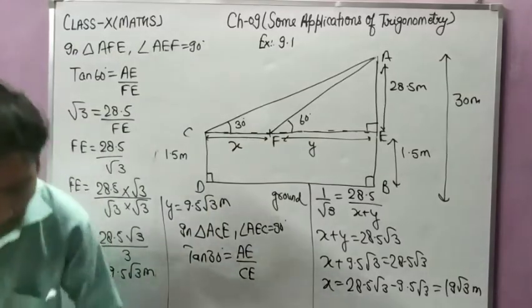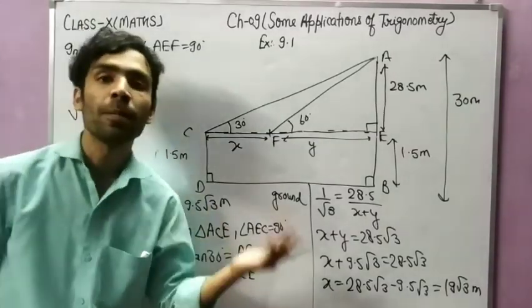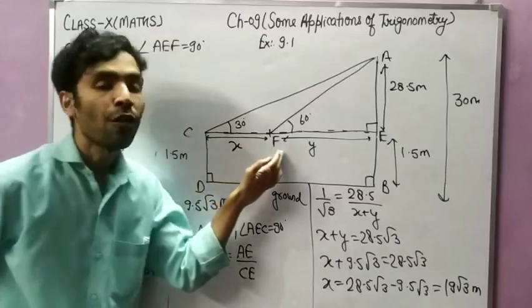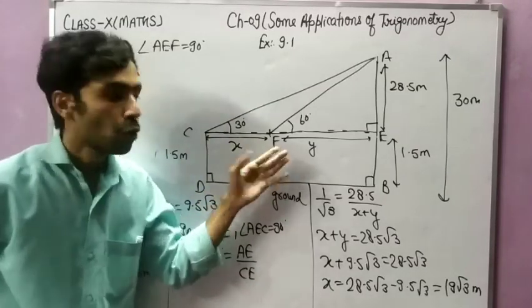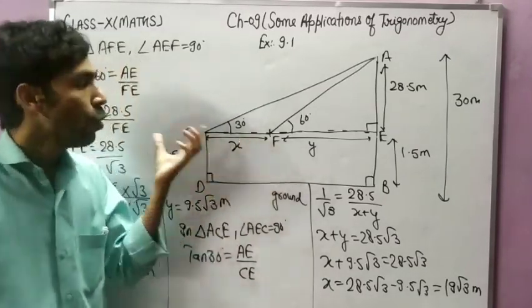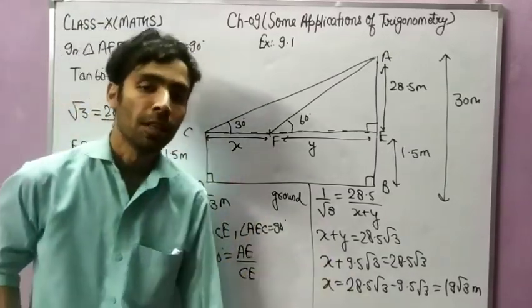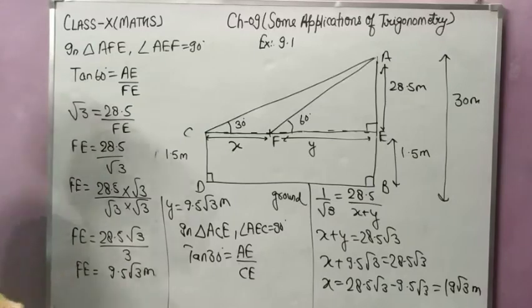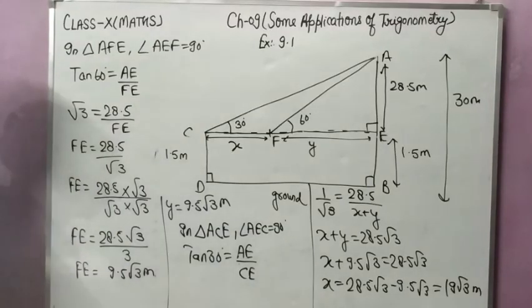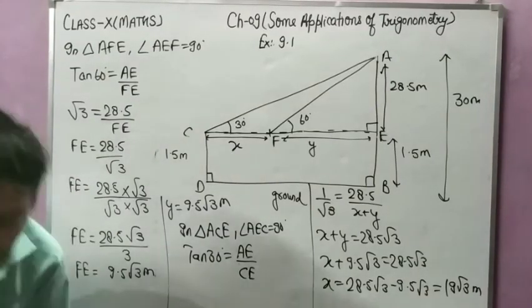See what is written, find the distance he walked towards the building. So इतना ही distance walk किया था ना, यहाँ से केवल यहाँ पर आया, so CF distance cover किया था. So 19 root 3 meters distance he walked towards the building. So this is the solution of question number 6. I hope it is clear to you. So please note down it, student.